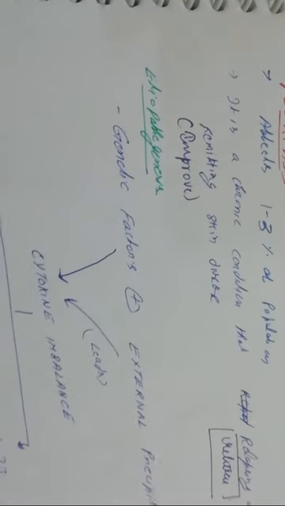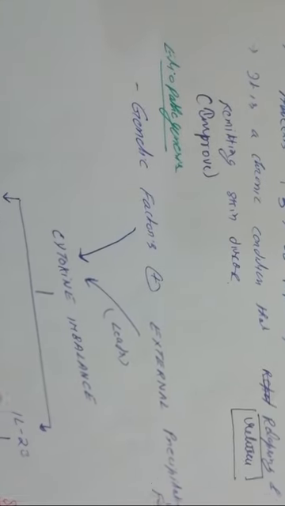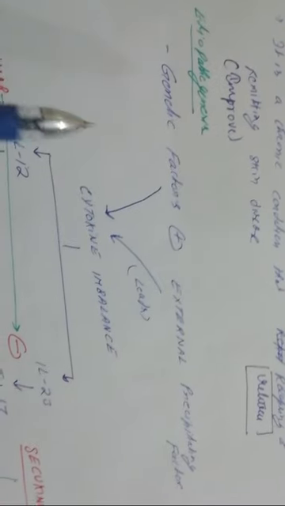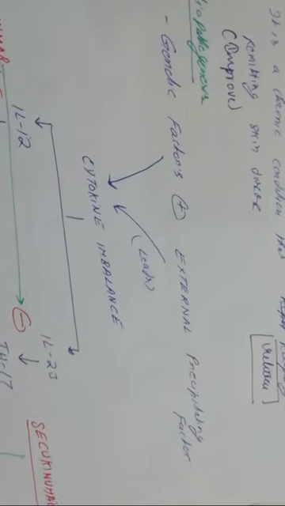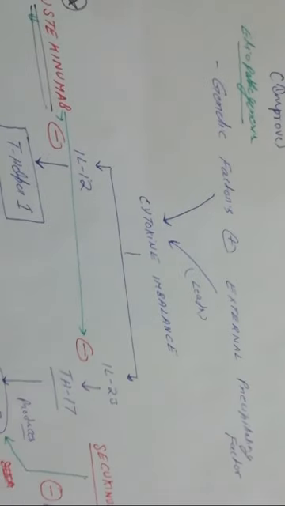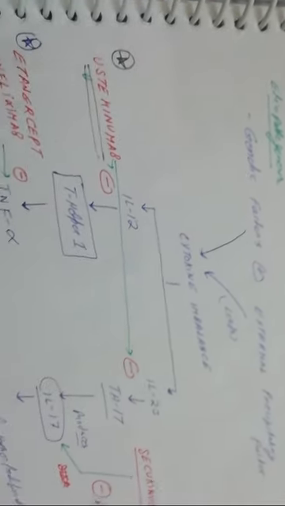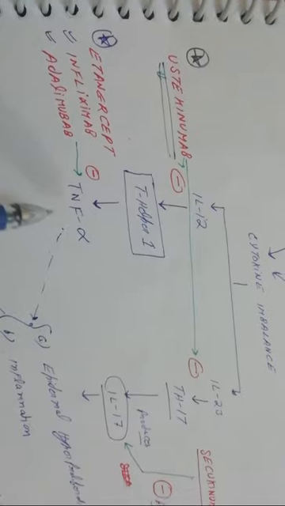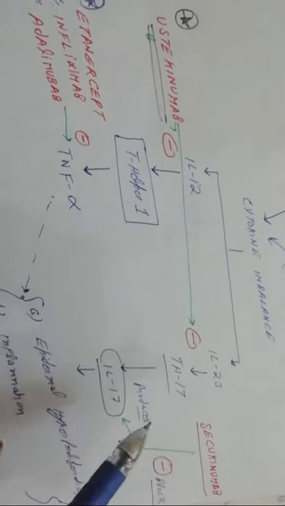Now let us understand the etiopathogenesis of psoriasis. It's written that genetic factors are positive, there are external precipitating factors, and there is cytokine imbalance, like interleukin 12, interleukin 23, T helper 1 cells, tumor necrosis factor alpha, T helper 17, all this. So let us understand them, guys. Let's go with the first thing here.